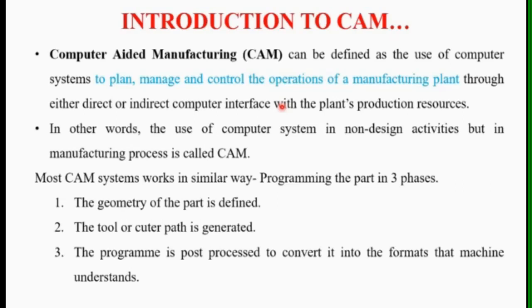Computer-aided manufacturing is the use of software and computer-controlled machinery to automate manufacturing processes. Based on this definition, we need three components for a CAM system to function. First, software that tells a machine how to make a product by generating the tool paths.